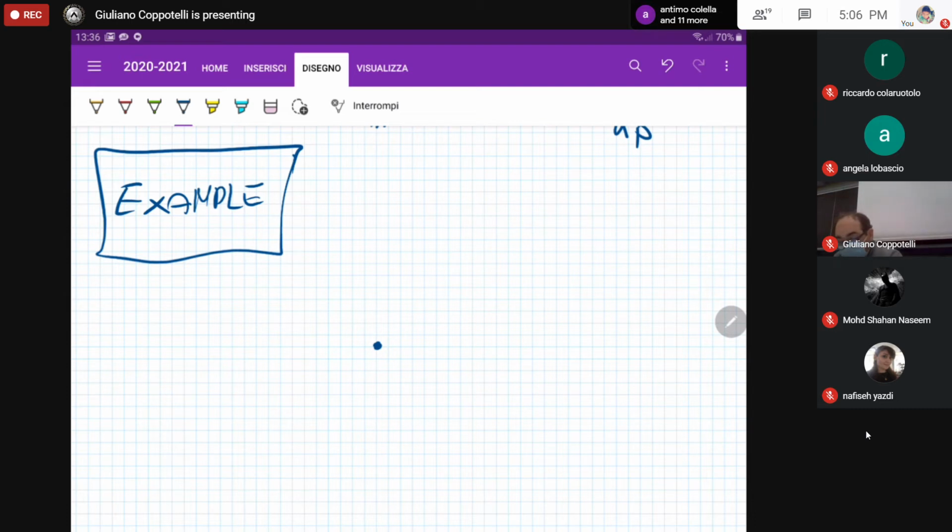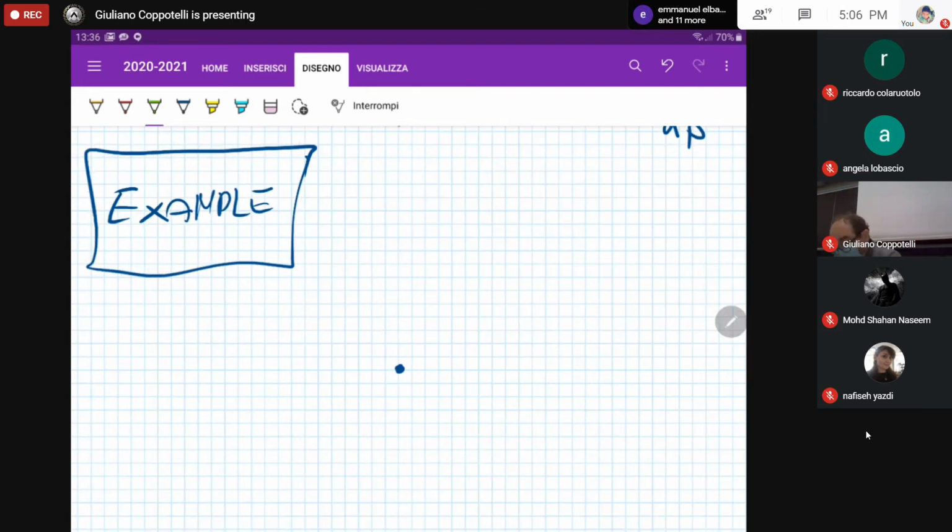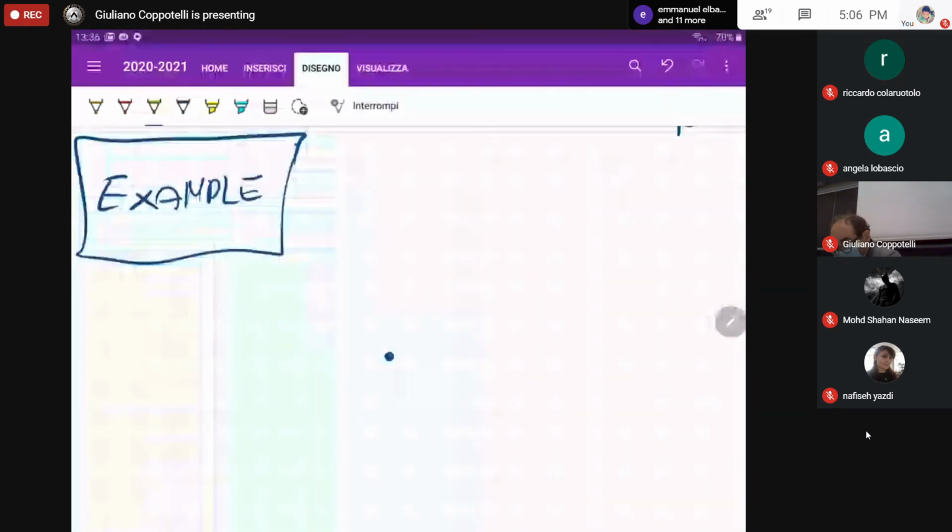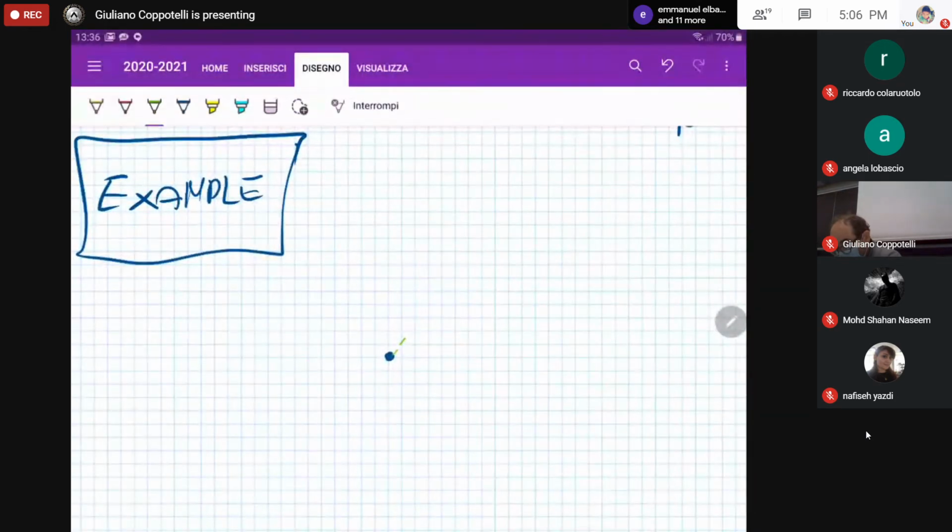These strain gauges are located in such a way that they are like this, for example: 1, 2, and 3. So I have my strain gauges, 3 strain gauges.